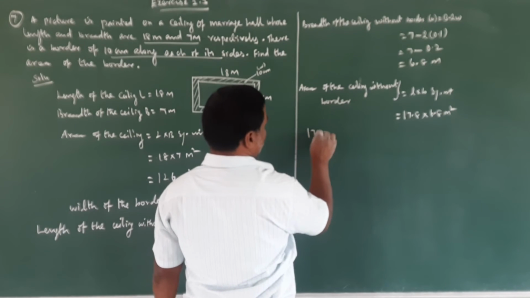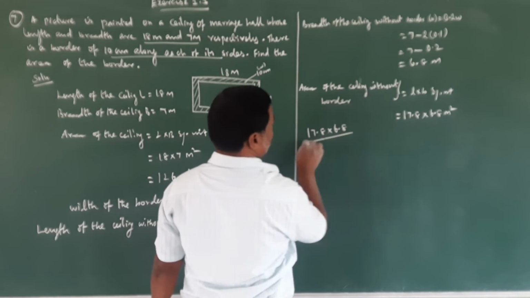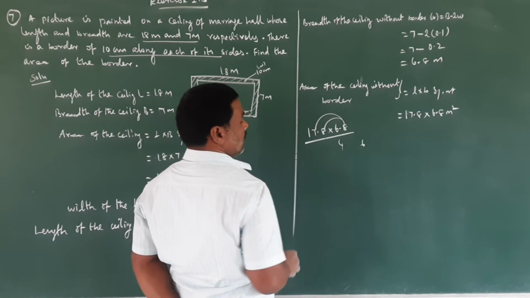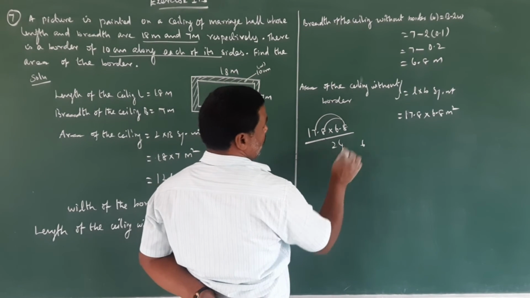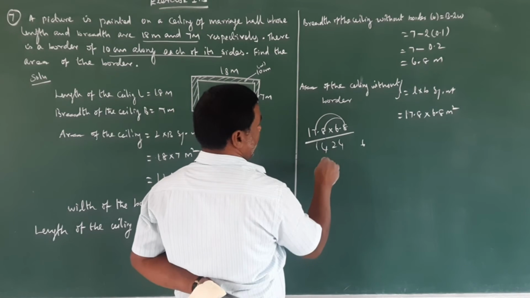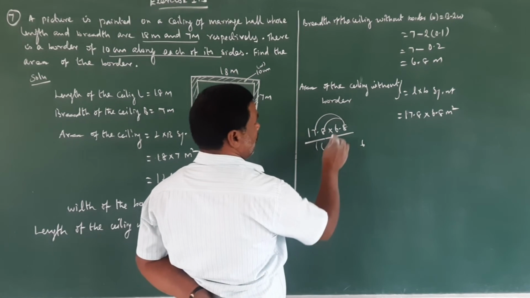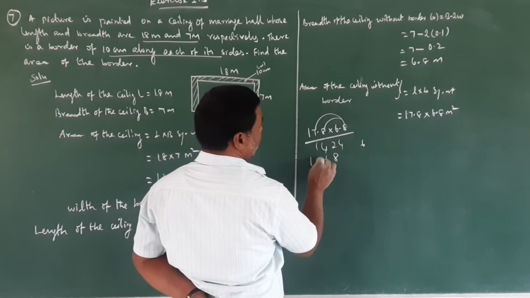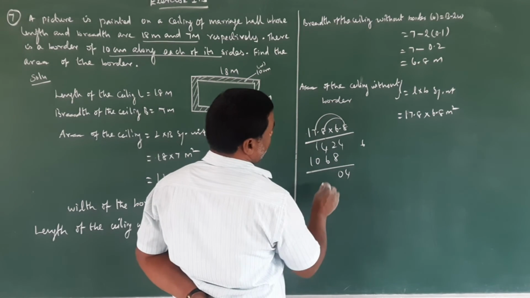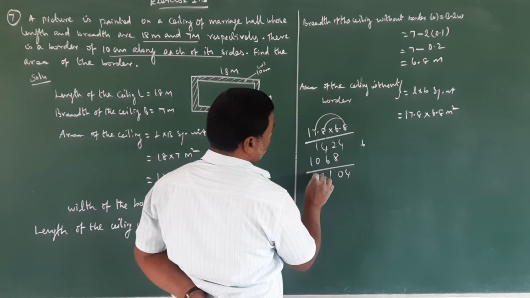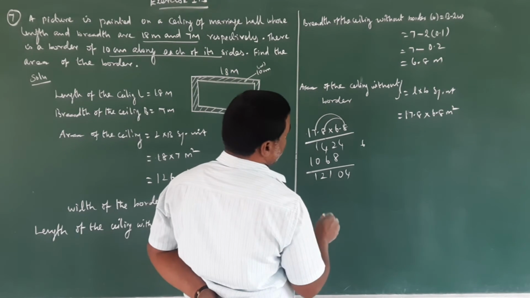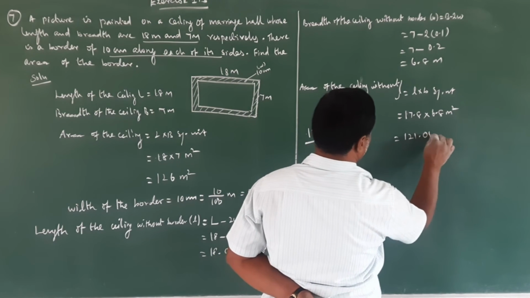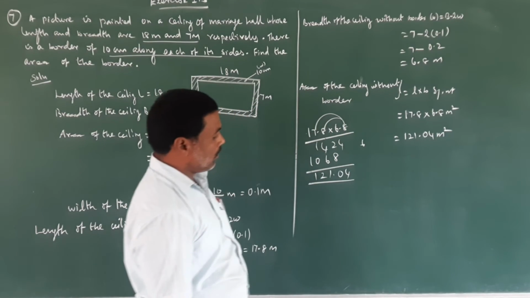You multiply 17.8 into 6.8. 8 8s are 64, remaining 6. 7 8s are 56, 62, remaining 6, 8, 40. Now how many digits after the decimal point? 2 digits after the decimal point. Answer 121.04 meter square.